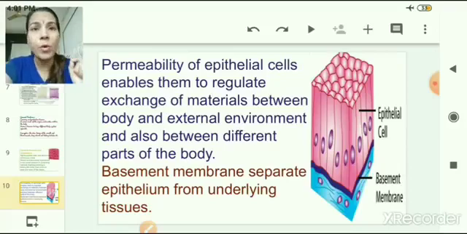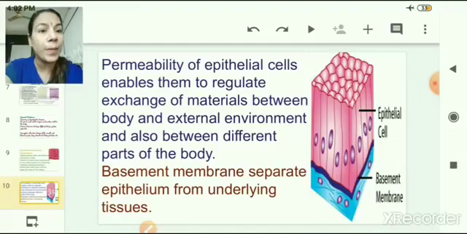There is one more very unique specific feature of epithelial tissue, that is the presence of a basement membrane. Children, this basement membrane separates epithelium from underlying tissues.